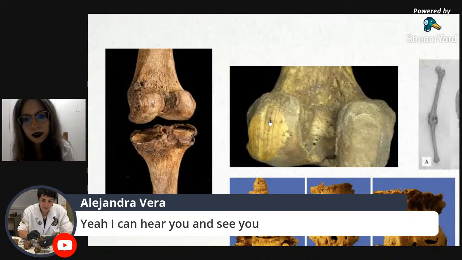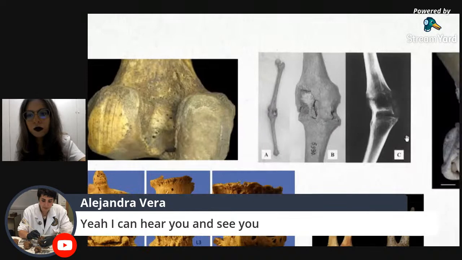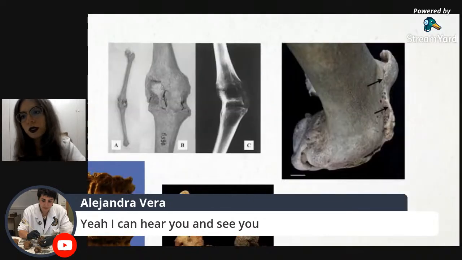We can see better here the eburnation, the degeneration of the articulation, the part of the bone, and new bone material. Here we can see better the deposition of new bone material.